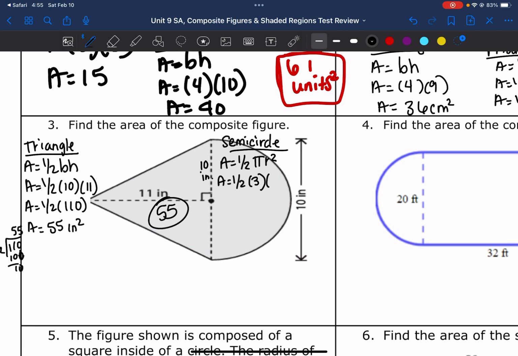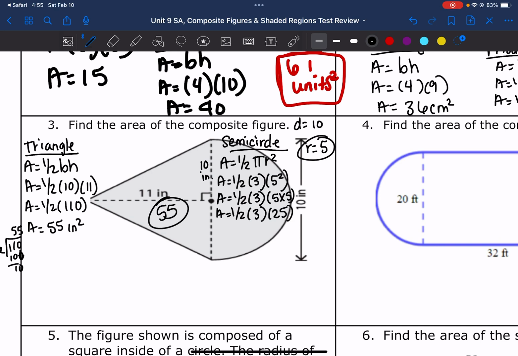Radius, now remember, what we need to go back and look at is what does the 10 represent for the semicircle? Well, it's the diameter, okay? So the diameter is 10, and remember, radius is half of the diameter, so that means we are going to be using 5, and that's going to be 5 squared. Now, 5 squared means 5 times 5, not 5 times 2, so that would be 25.